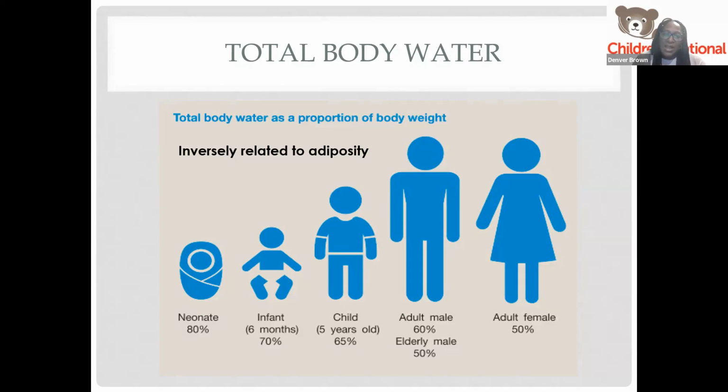So the higher your total body water, the lower the adipose tissue. And so that is why we see that total body water is 80% in our small neonates and up to 65% in children and around 50 to 60% in adult males and females.